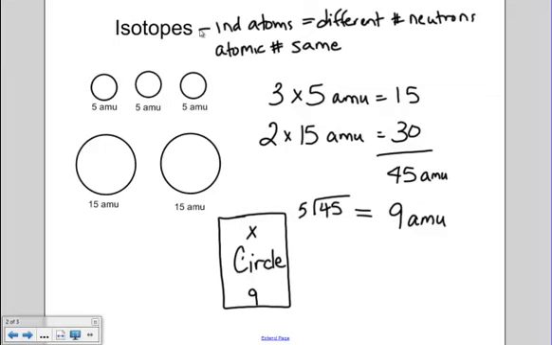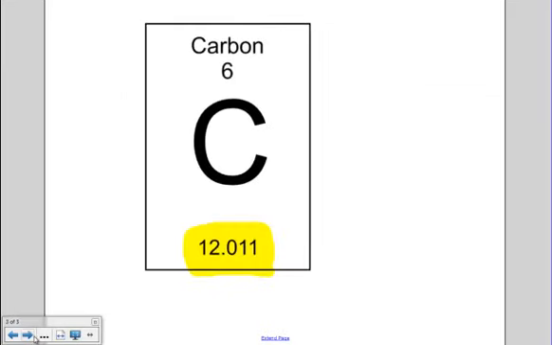Okay? So let's use carbon as our example. We have an atomic mass of 12.011. We actually see in the environment, we see C12 and C14. Since our atomic mass is closer to 12, this tells us that when we go out in nature and we actually look, we have way more carbon 12 atoms than we have carbon 14 atoms.